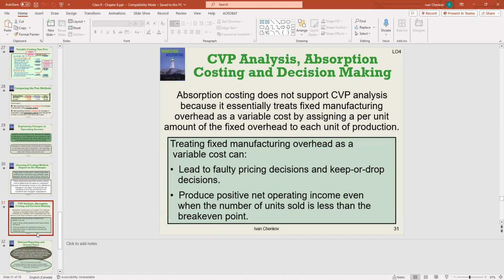So, treating the fixed overhead as a variable cost can lead to faulty pricing decisions and can produce a positive net operating income by simply selling less than the break-even.